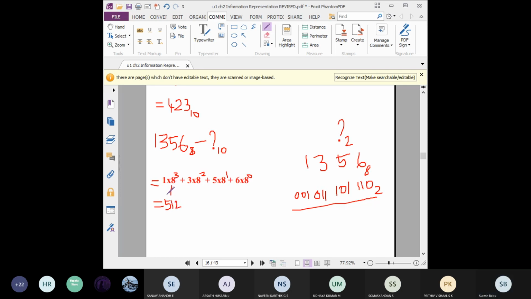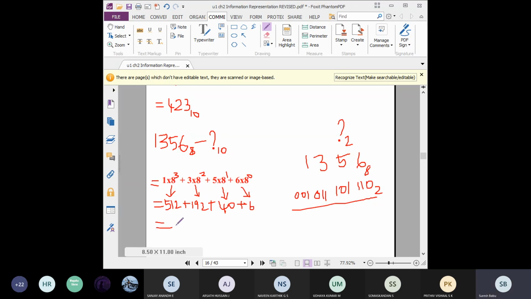Then the next one, 3 into 8 square, that is 64. 64 into 3, you will get 192. Then here 5 into 8 power 1, that is 5 into 8, you will get 40. Then here 6 into 8 power 0, 8 power 0 is 1. 1 into 6, you will get 6.